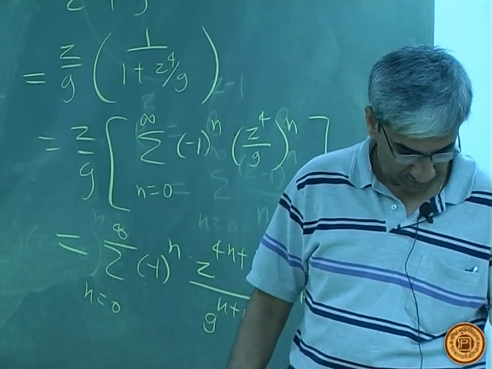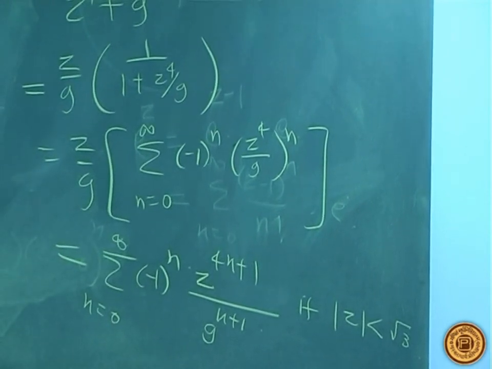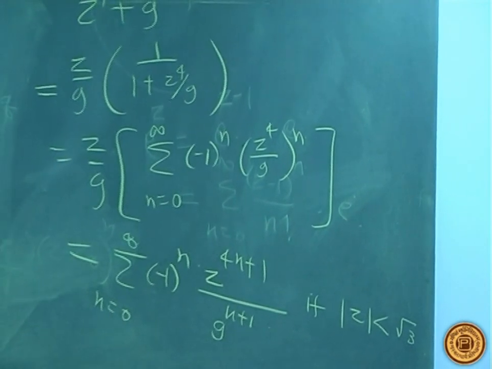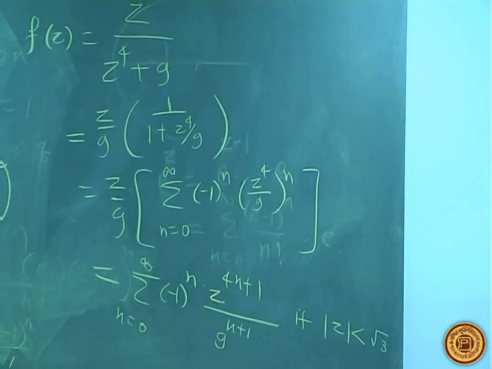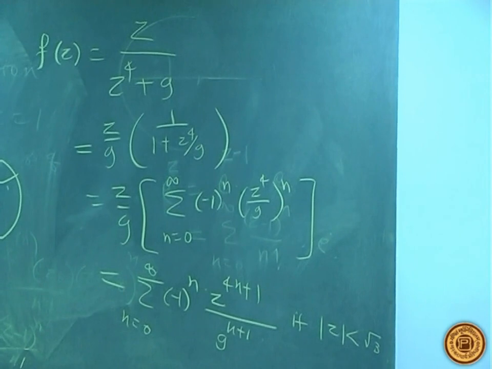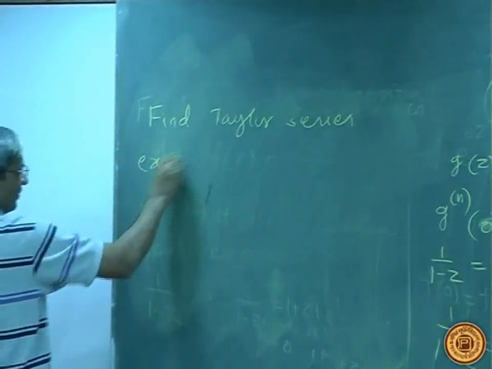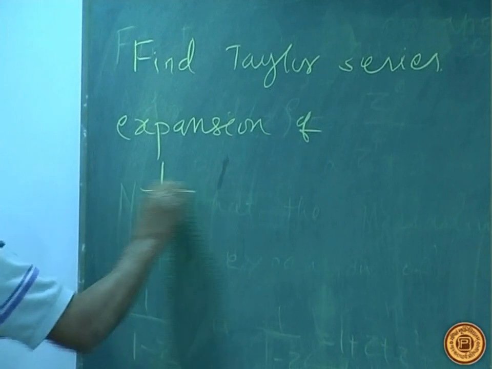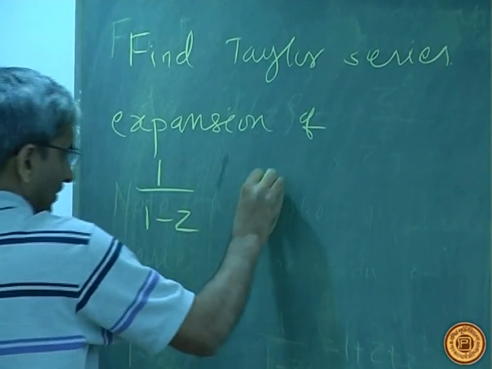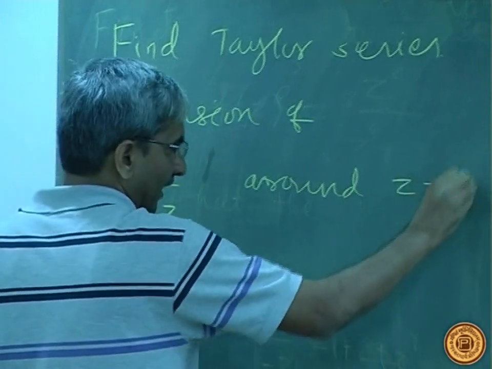So let us find the Taylor series expansion of 1 over 1 minus z around z equal to i.